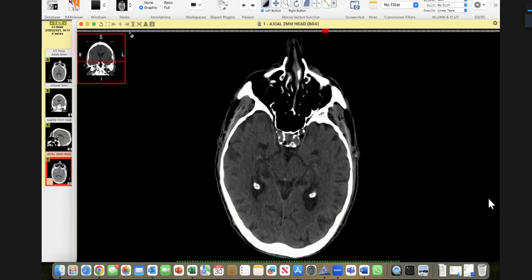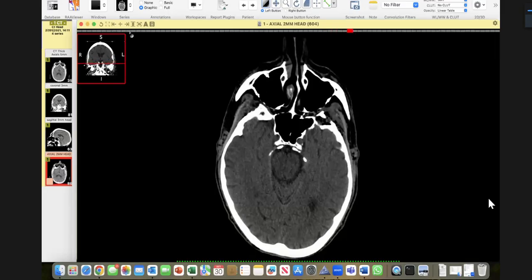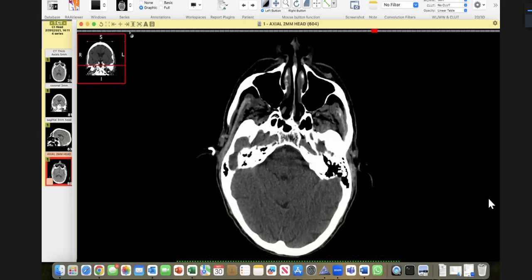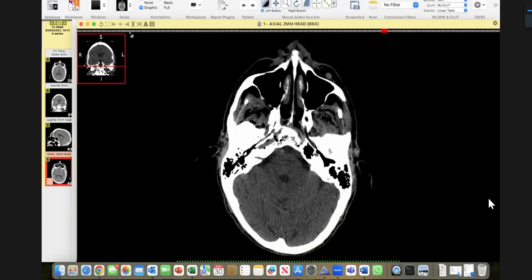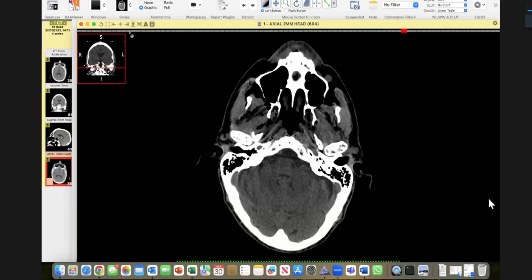The scrolling is stuck. I'm trying to scroll, so scrolling is lagging a bit. I'm still trying to scroll to the bottom so that I can have a look at all the sequences.